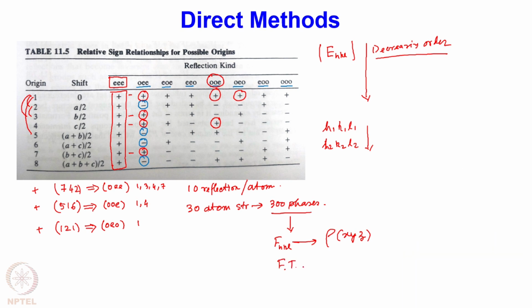By doing a Fourier transform, what we get is some location of electron density in space. Then by applying our chemical knowledge, we try to join those electron densities by bonds and see whether that generates something sensible.